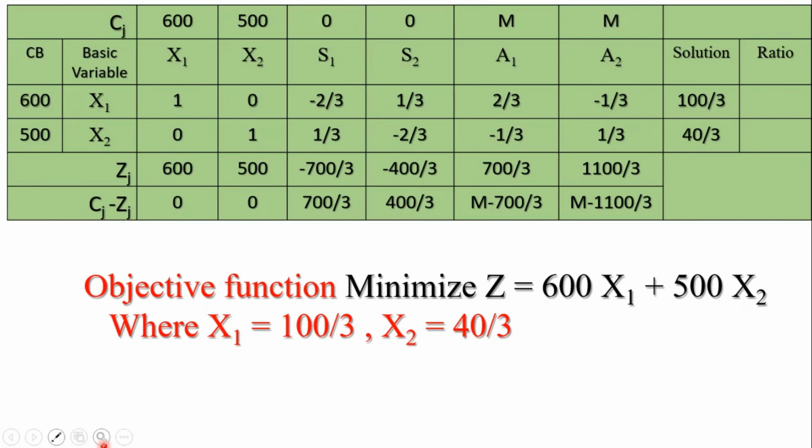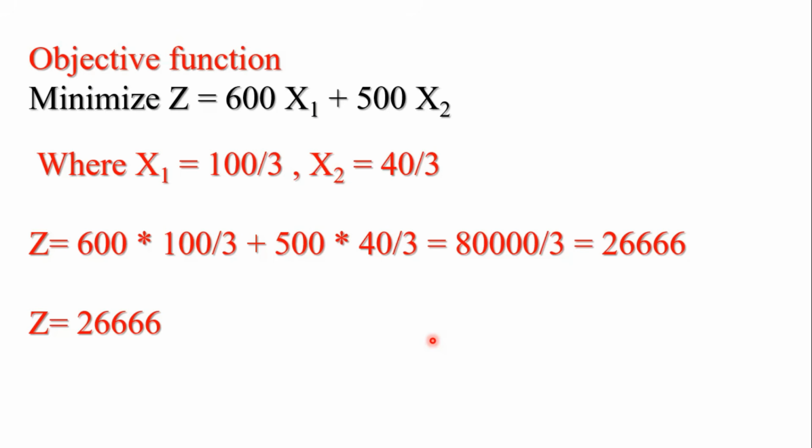Now substitute these values in the objective function. We have seen the initial minimization: z is equal to 600 x1 plus 500 x2. Substituting x1 and x2, we get z equal to 26,666. This is how we solve a minimization problem using the Big M method.